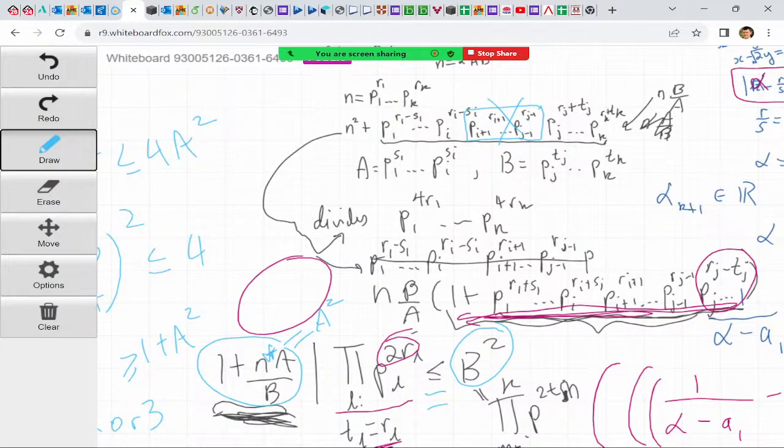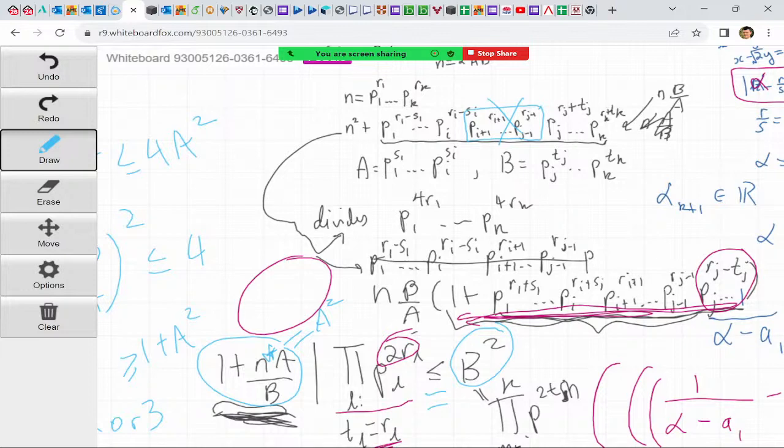So then you get b squared over 2 equals 1 plus a squared, or you get 1 plus 2a squared equals b squared. In all the cases, I think you just get Pell's equation.